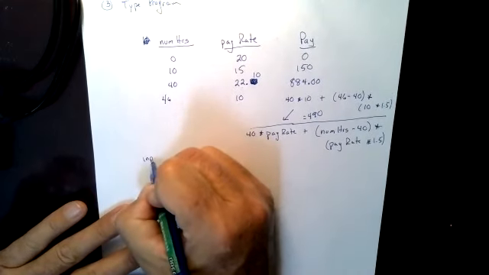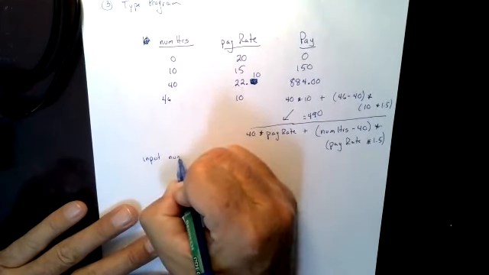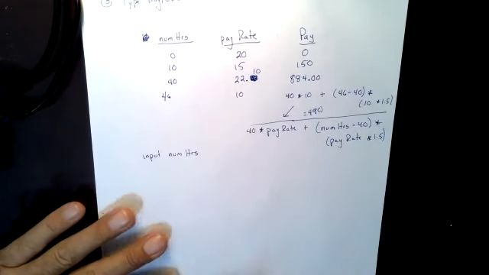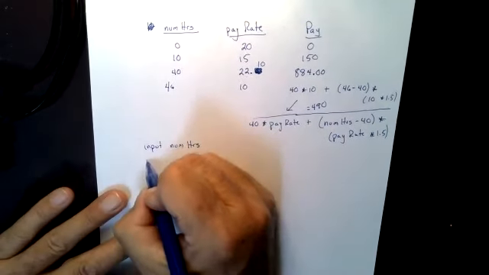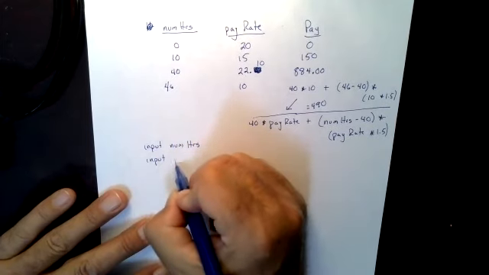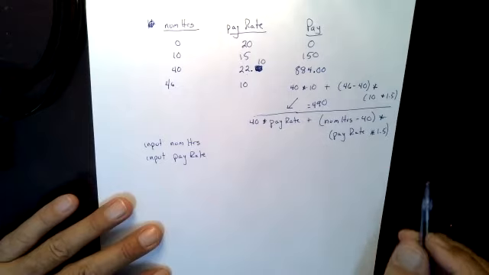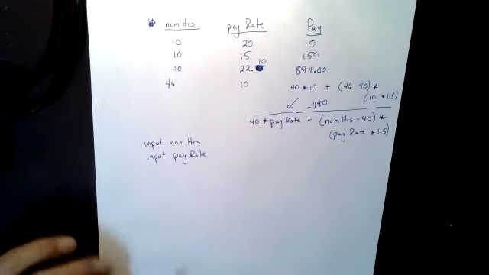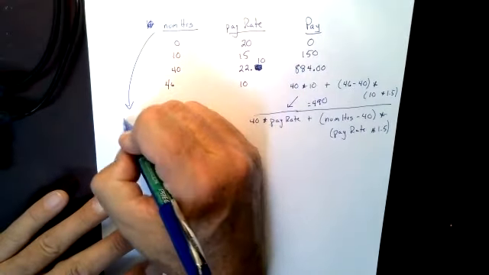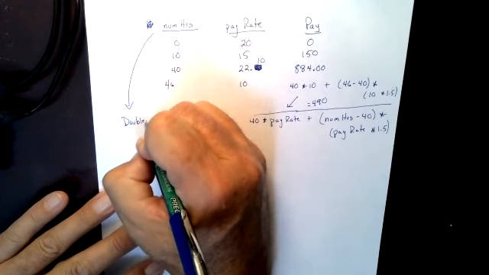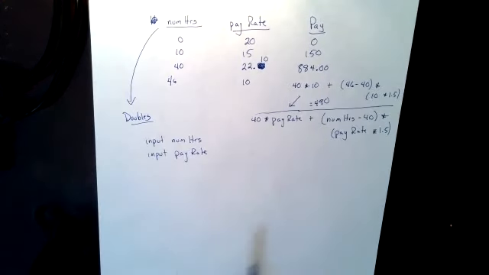I need to input num hours. I need to input pay rate. I know everything up here is going to be doubles. So I'm making a whole bunch of notes before I just get ready and start typing, because it's going to make it so much easier for me to just do the typing.